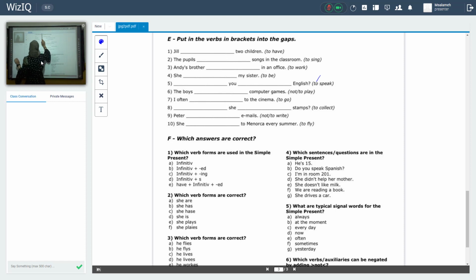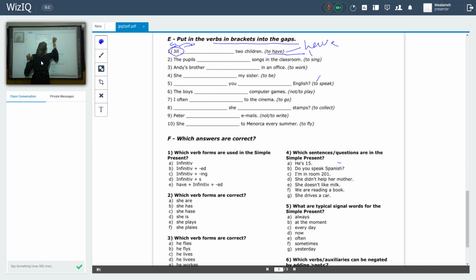Okay, put the verbs in brackets into the gap. Okay, Jail, it's a name of a person because it starts with a capital letter, so it's a noun. Noun means singular subject followed by what? S or ES verb. Two children have. What is the present form of have?